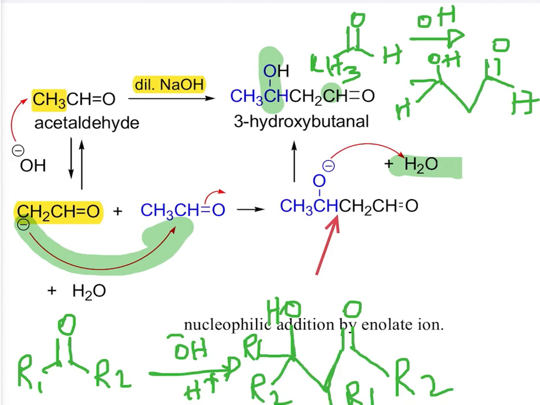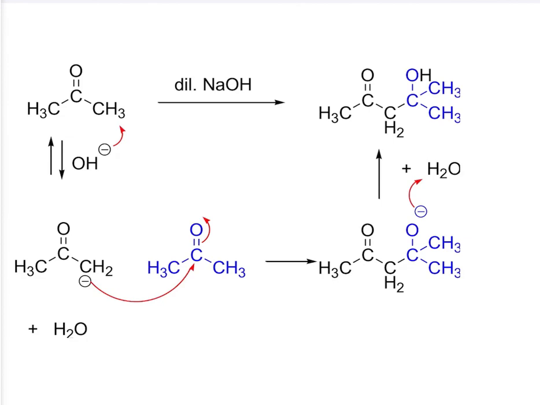So let's move to some more examples. The same reaction will take place with acetone, which is a ketone. In the presence of base, you have to draw a V. That V contains carbonyl at one end and hydroxy on the other end, whereas we have 2-methyl as a substituent.